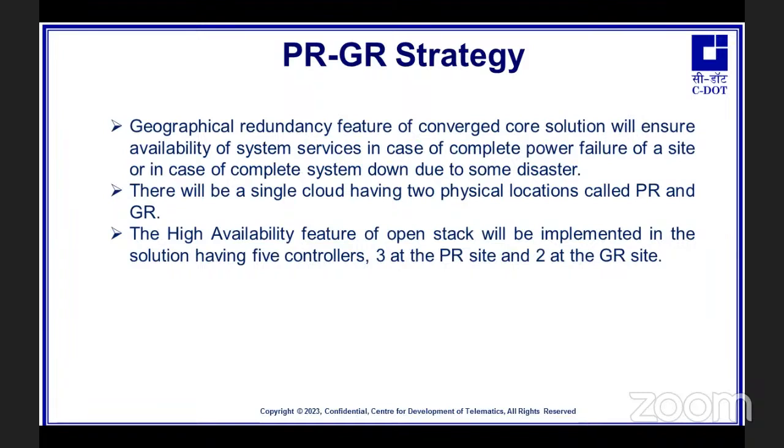It is automatically synced with the PR HSS, so there will be no loss of data whenever you do any provisioning or make any changes in the database. If there is an HSS in the PR site and an HSS in the GR site, all two or three HSS will be automatically synced and the database will be synced.